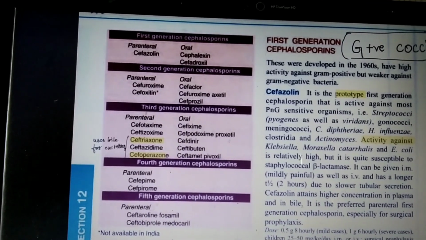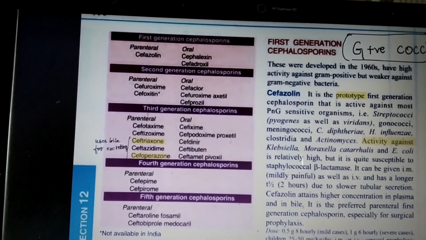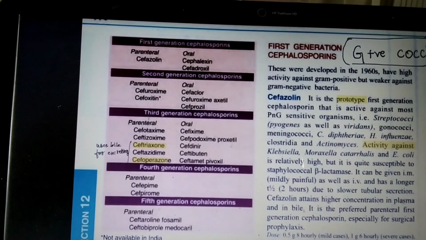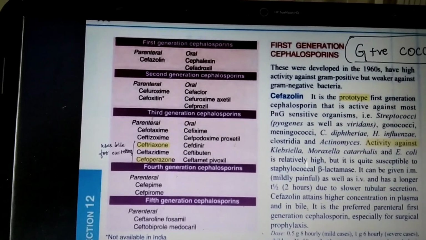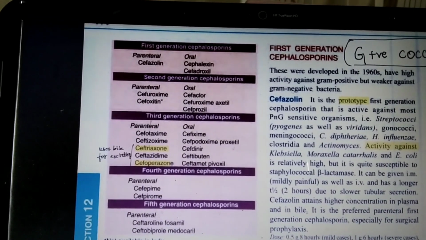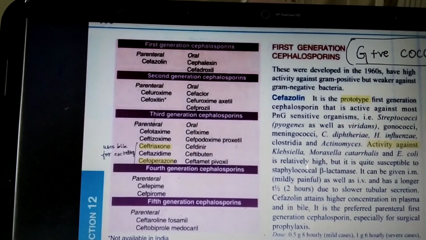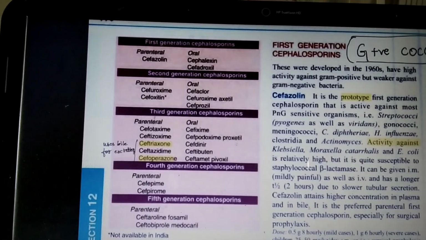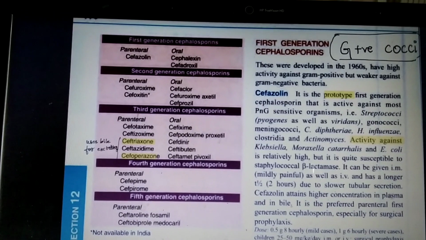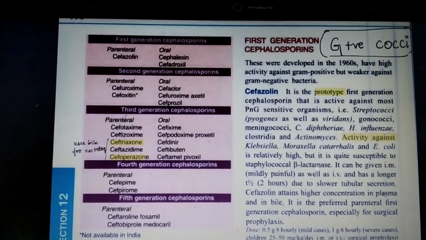Now coming to the classification of the cephalosporins. They are divided into 5 generations. Now coming to the 1st generation cephalosporins. They are divided into parenteral and oral.